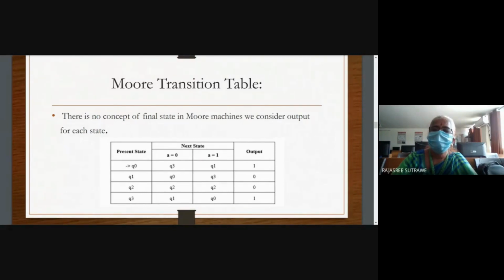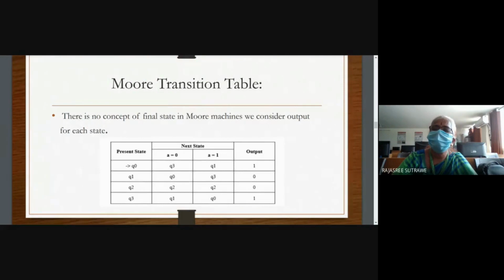For Q3, again we have to go for 0. Q3 with 0 gives Q1, output is 1. Next state is Q1, output is 1. For Q1, again we give 0. Q1 with 0 is Q naught, output is 0.